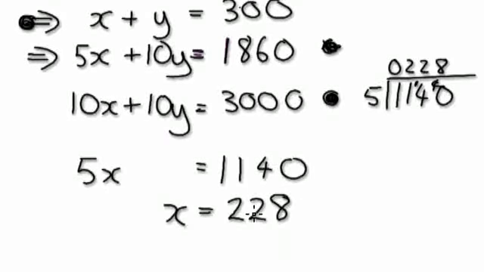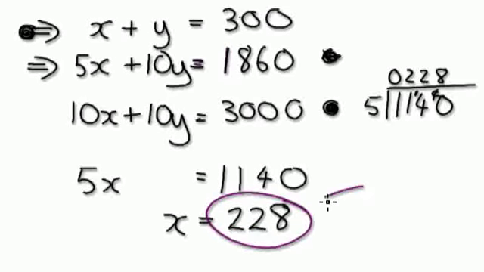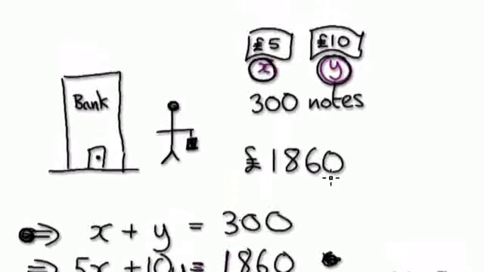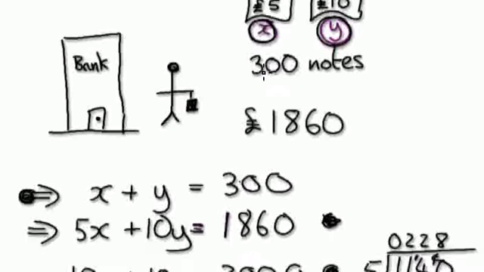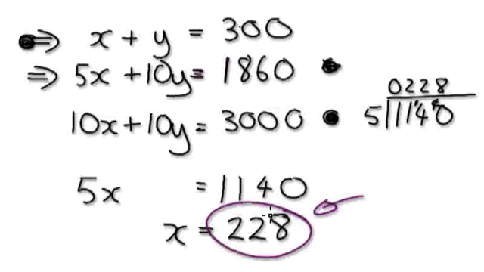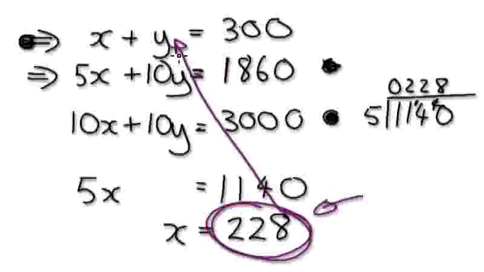Okay, so now we've worked out, remember, x represents the number of £5 notes. So we've worked out x to be 228. Now let's put this 228 into this equation here, because we've just worked out x.